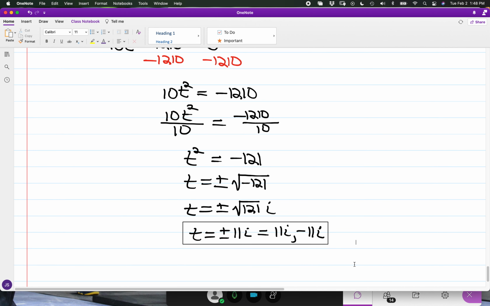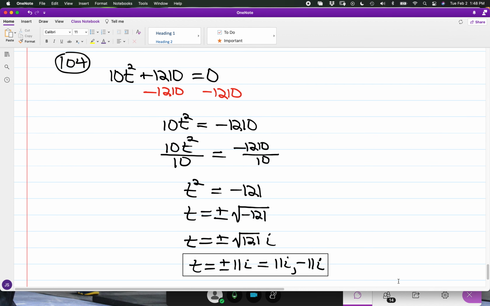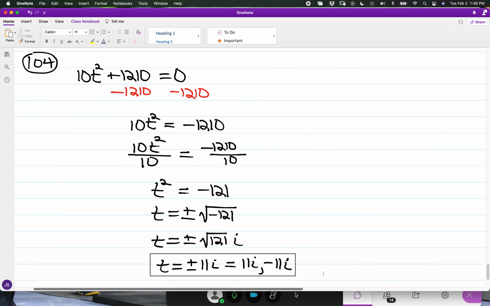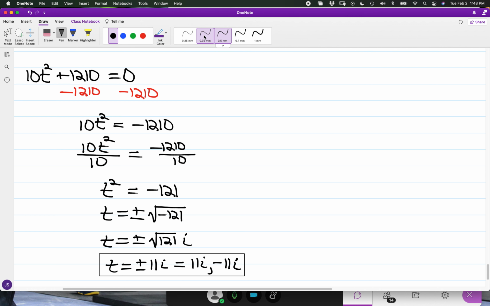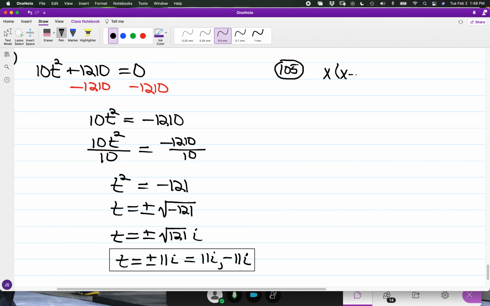Now for number 105, we're looking at solving for x in this equation. I have x times the quantity of x minus 4 is equal to negative 9.